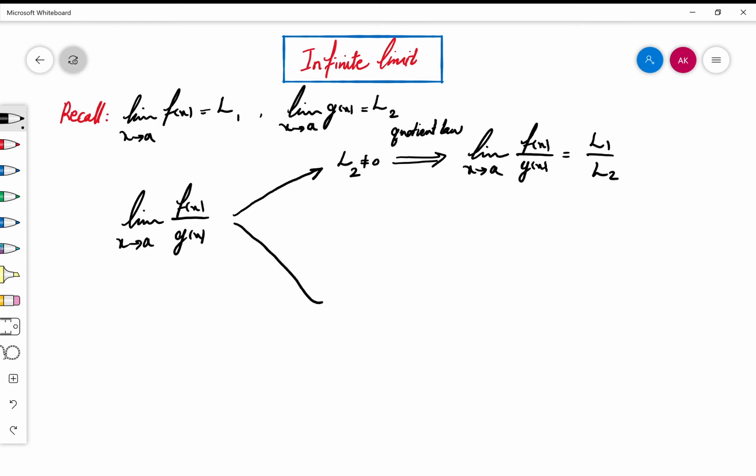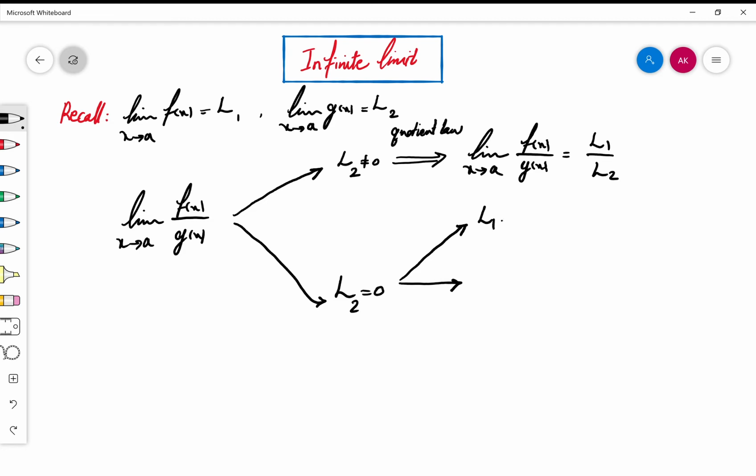what we do is that limit of the quotient will be basically quotients of limits. But what will happen if the limit of the denominator is zero? Then we cannot use the quotient law because this will be L2 over zero. We are not allowed to put zero in the denominator. Well, this had completely two different possibilities.